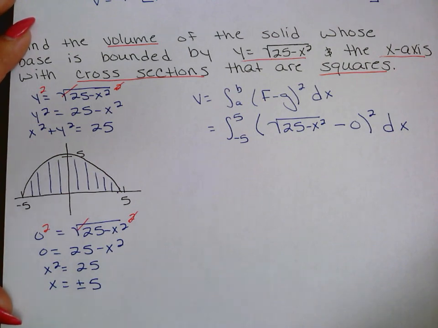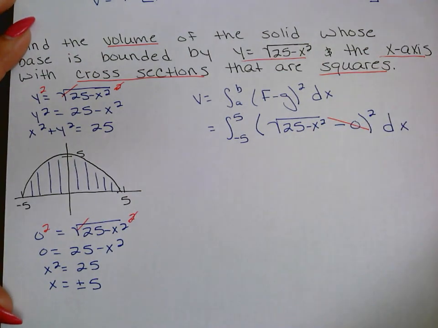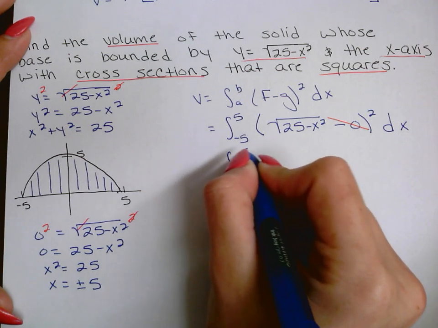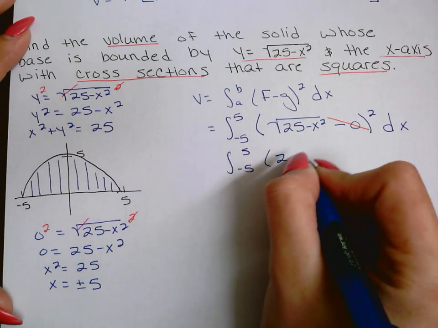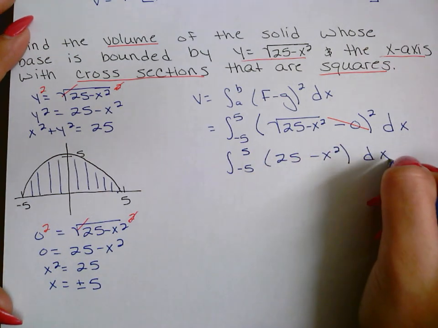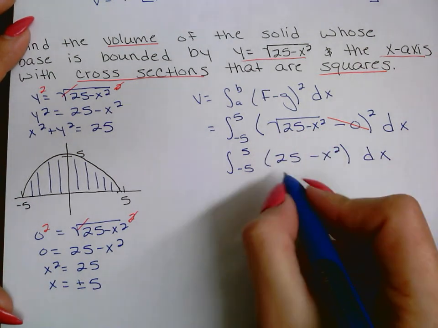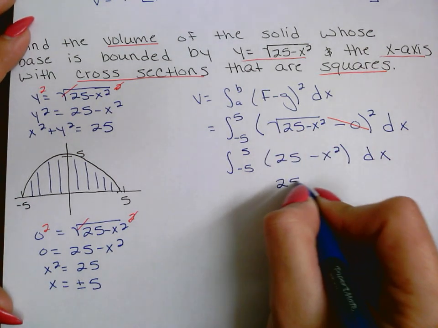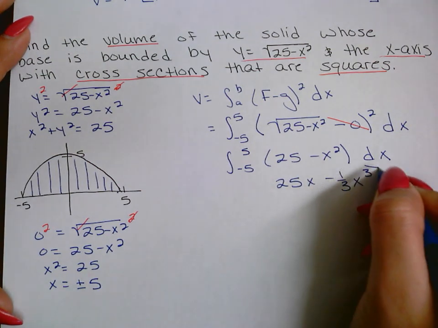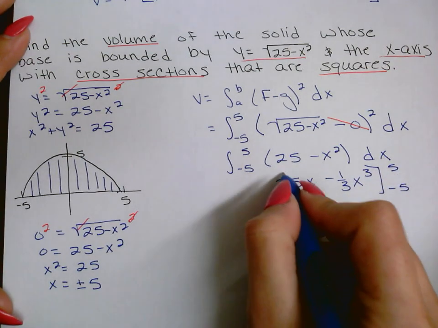All right, so this minus 0 is irrelevant. What happens when I square that square root? It cancels. So I'm really working with the integral from negative 5 to 5 of 25 minus x squared. Again, that's squared, and this square root cancels there. Antiderivative. Okay.